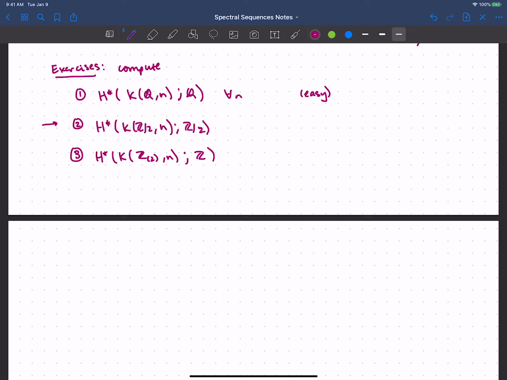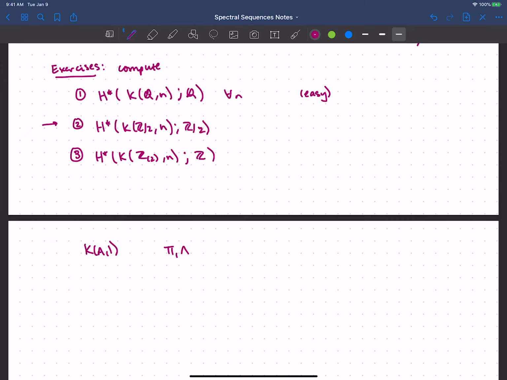To get these started, one thing you want to think about is starting with K(A, 1). You're going to want that to be your fiber so that your base can be connected, so you'll want to know the cohomology here.